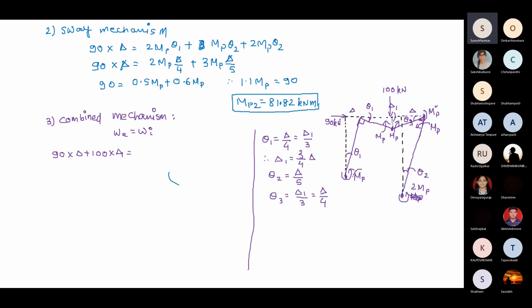MP theta 1, plus now this MP theta 1 and this MP theta 3. First theta 1, second theta 3.